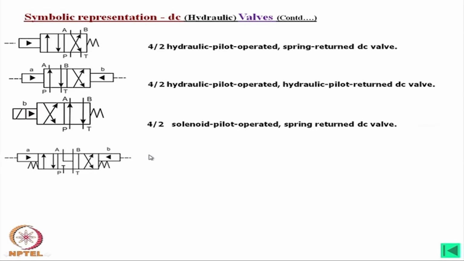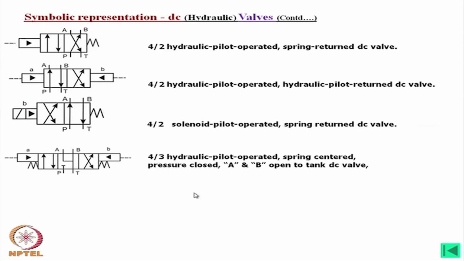Let us see whether I am correct or not. We can say 4/3 hydraulic pilot operated spring return, and this is a partially open center DC valve.